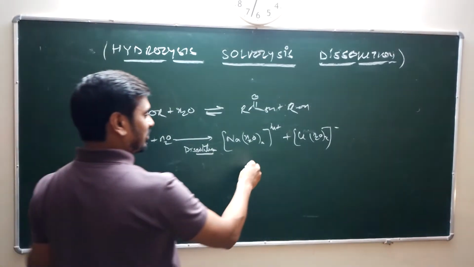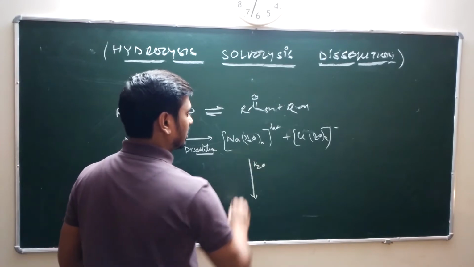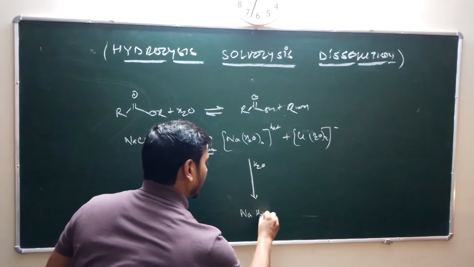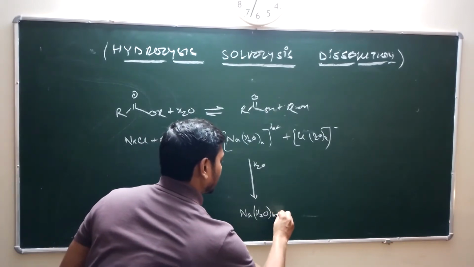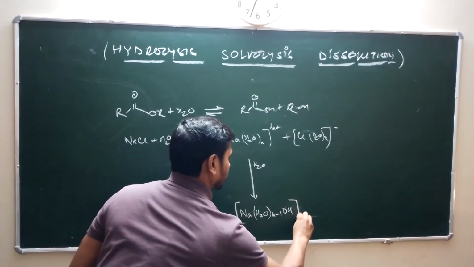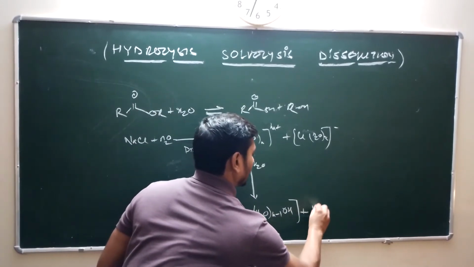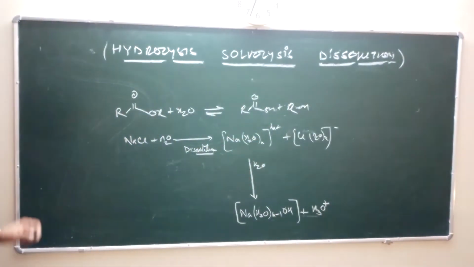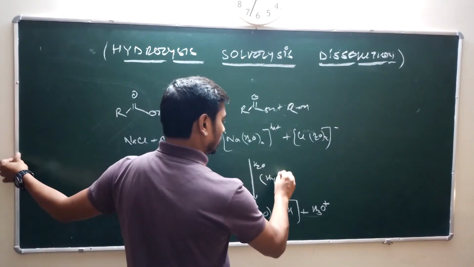But another thing may happen from here. If another water molecule H2O reacts with this and this kind of moiety gets formed, M(H2O)(n-1)OH, the charge will obviously be neutral, plus H3O plus. If this process happens, here you use the word hydrolysis.